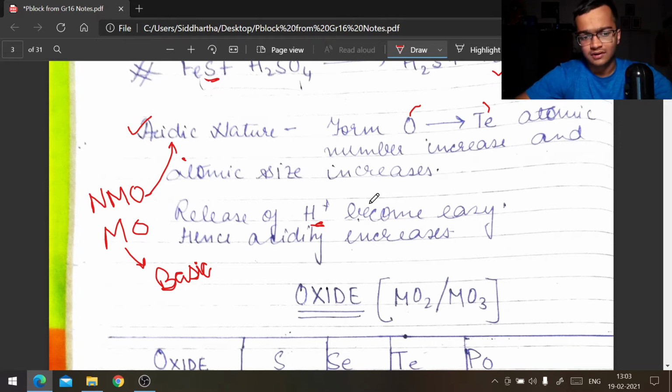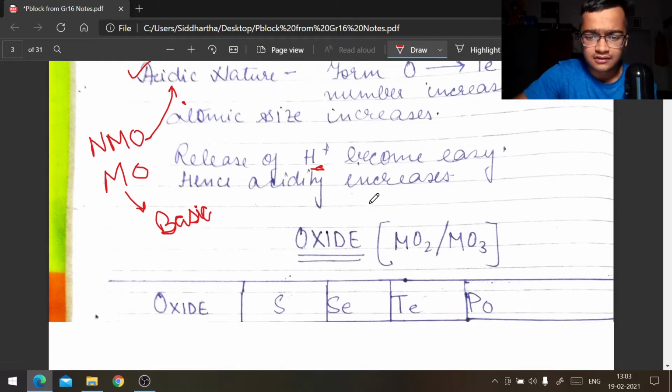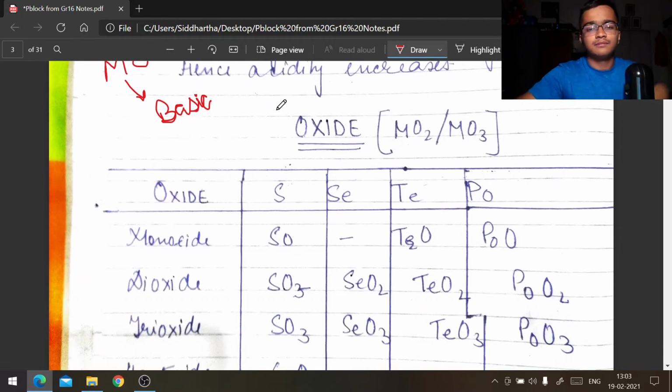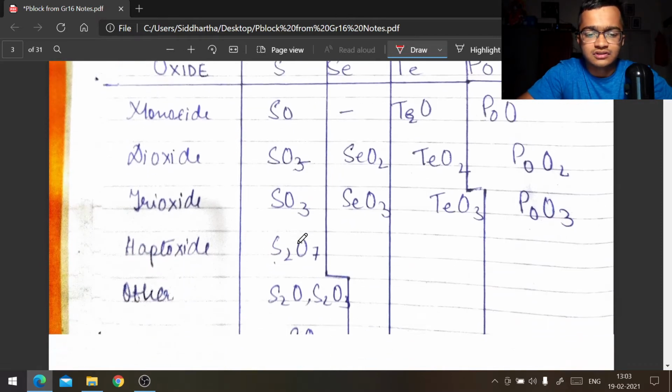H+ or H3O+, both are the same in aqueous solution, whereas a base has the property to release OH- and accept H+ in aqueous solution. I have given a few examples of oxides here: monoxide, dioxide, trioxide, heptoxide and others.